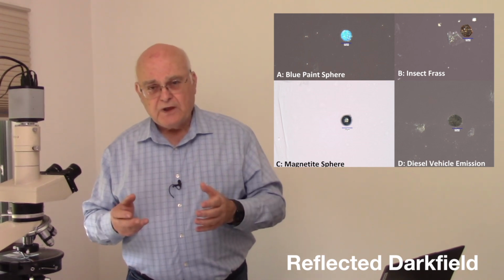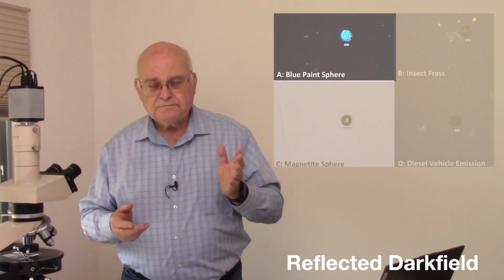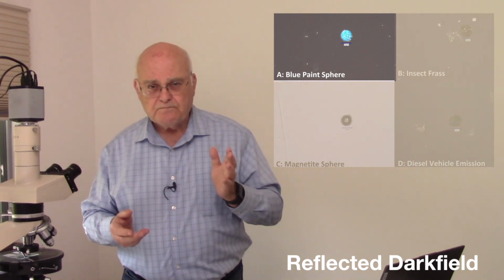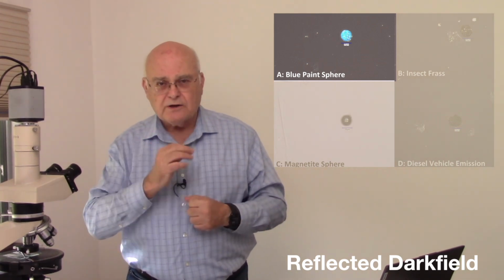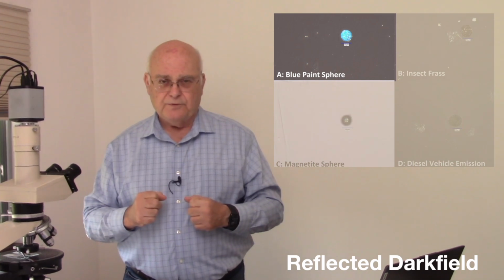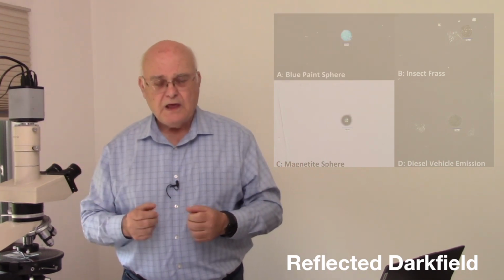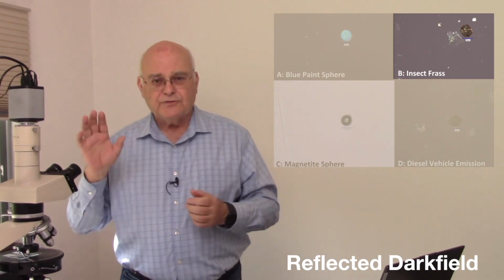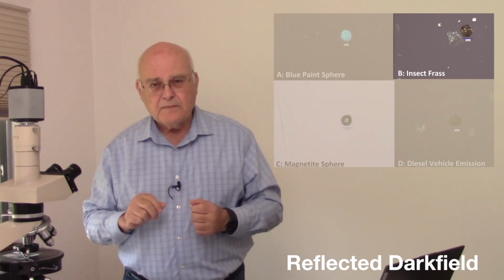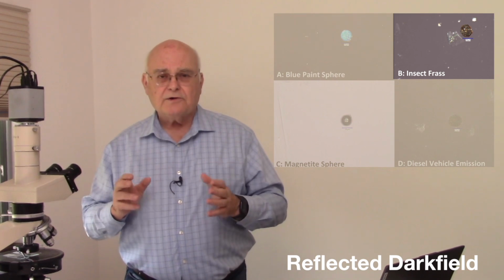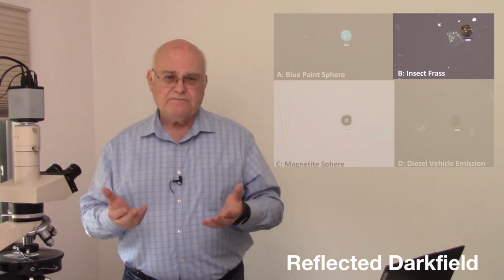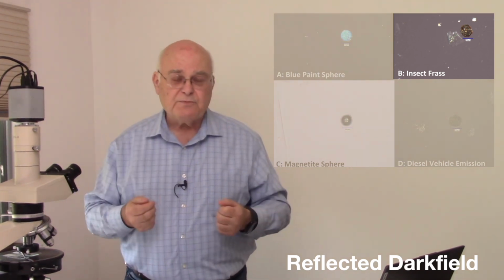You'll notice in the upper left image that the black particle in that particular frame of view was actually a blue paint sphere. If we go over and look at the one in the upper right, that particle turned out to be insect frass. That's excrement from a small insect.